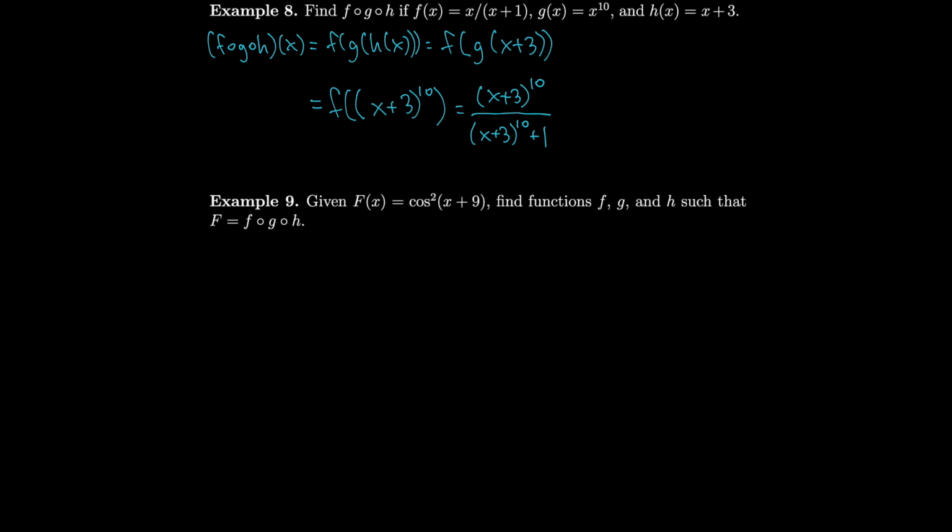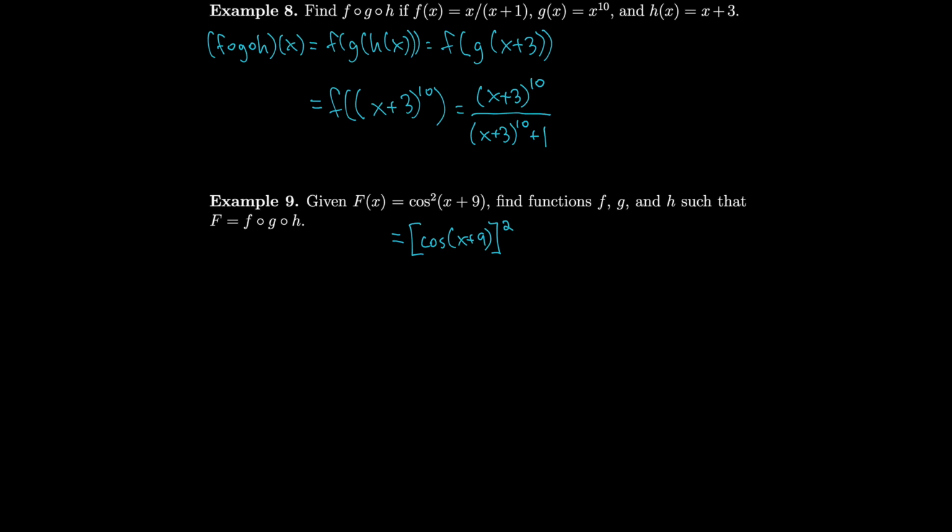Okay, let's see if we could find functions f, g, and h such that big F equals f of g of h, when big F is cosine squared of x plus 9. Well, this is a fancy way of saying the cosine of x plus 9 squared. That's what we mean when we put the 2 right next to cosine.